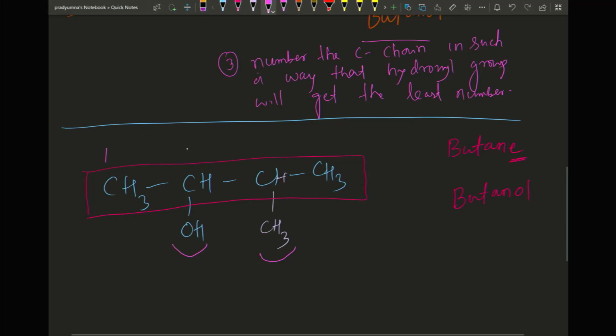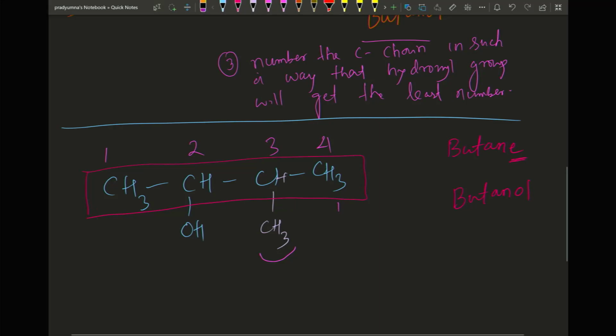So in this particular example, if I go left to right, this is the only way I would get the least number, because if I go right to left, my OH would be number 3. Let me rewrite: if I go right to left, it would be 1, 2, 3, 4. So my OH is falling on the third one, which we don't want.